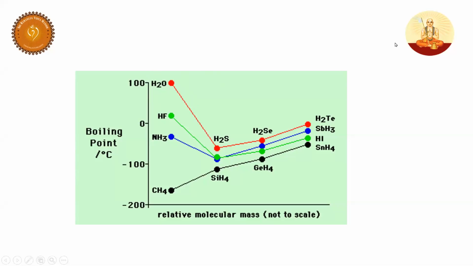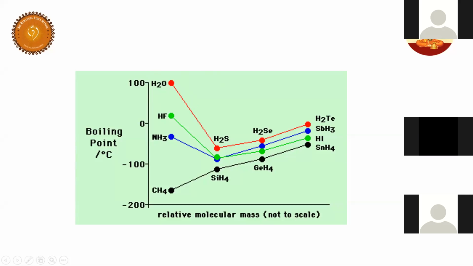I open the session for discussion. Students, any doubts? Mr. Shushant: could you tell me why ammonia has a high boiling point? Because its hydration energy is low.